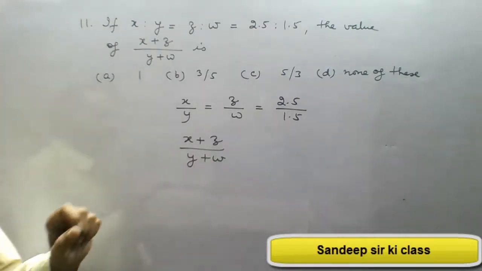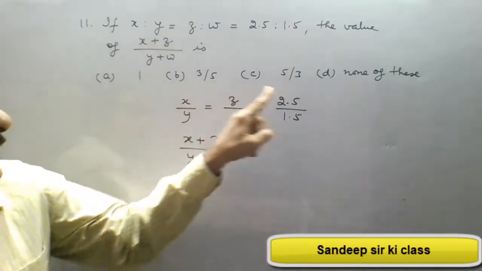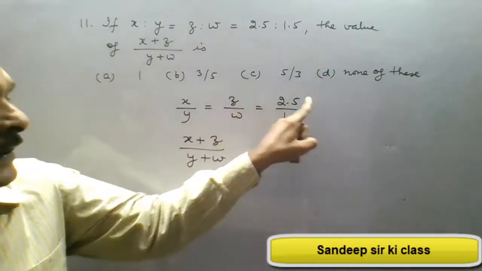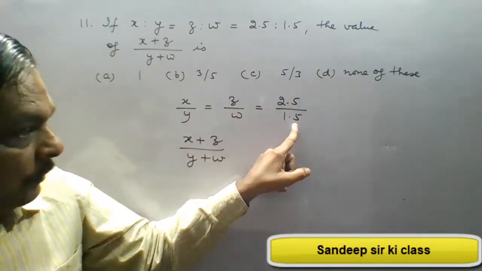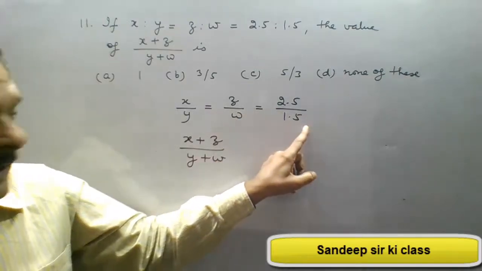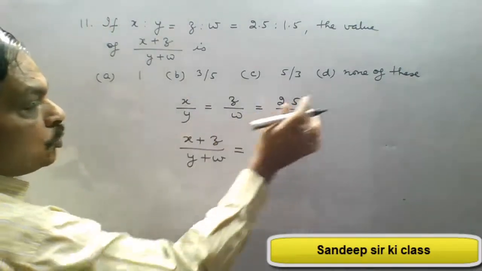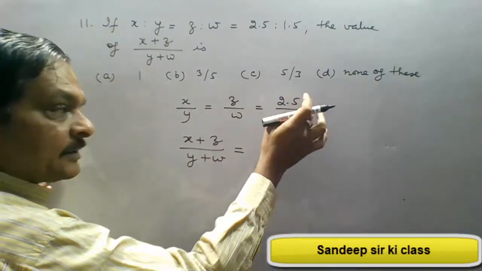In that case, what we do is that in place of X we write 2.5, in place of Z we write 2.5, Y is written as 1.5, W is written as 1.5. Now X when written as 2.5 means whatever is written in front of X is 2.5.